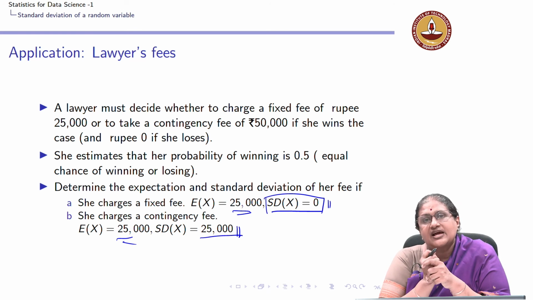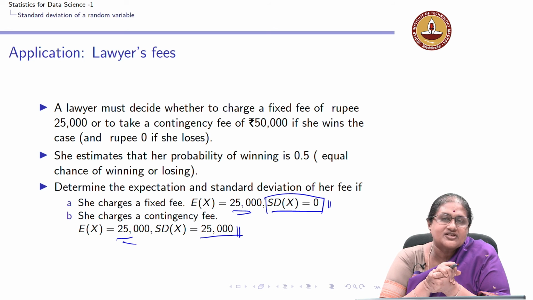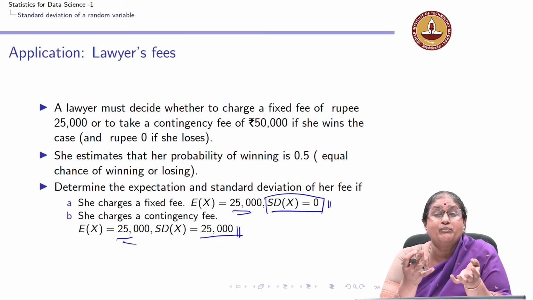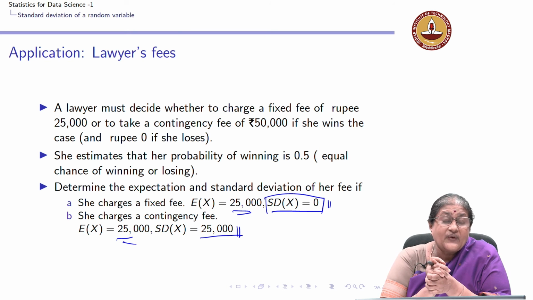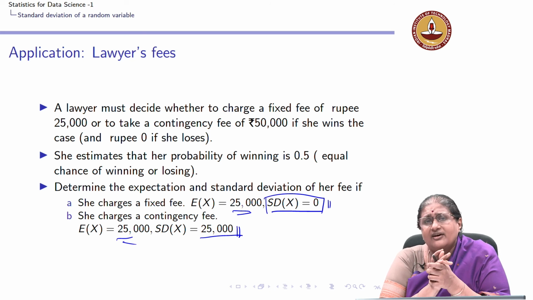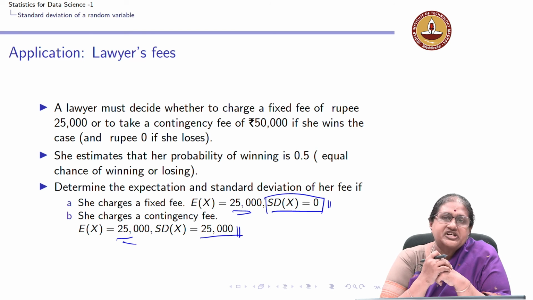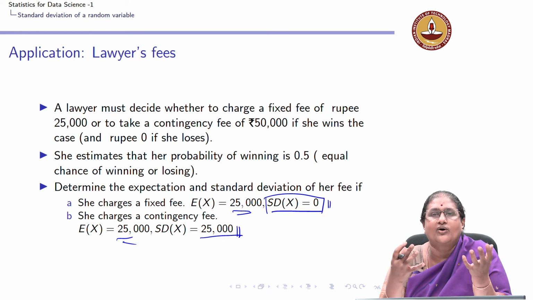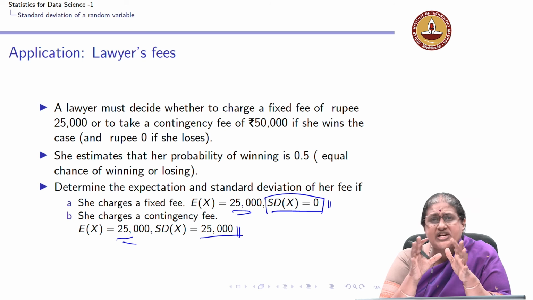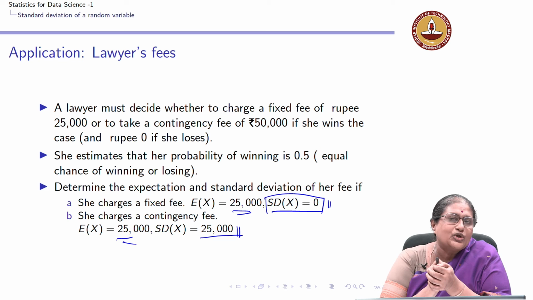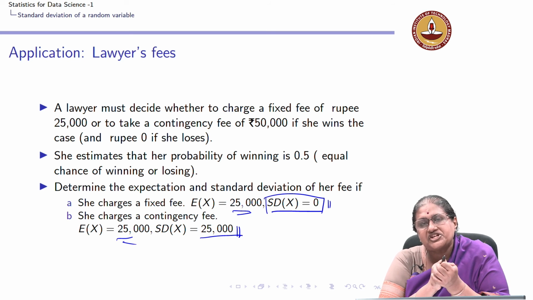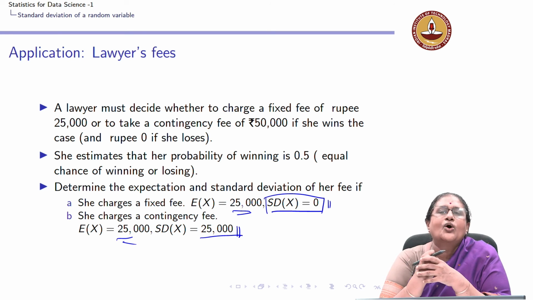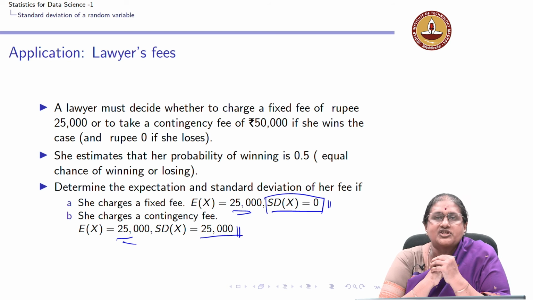Hence, the notion of standard deviation plays an important role in applications of this kind, where you want to measure, in addition to expected value or the average, a measure of dispersion. Dispersion can measure volatility or spread or risk in some way. I'm loosely defining these terms, but I just want to give you an idea of where you could use measures of standard deviation and how that can aid you in decision making.